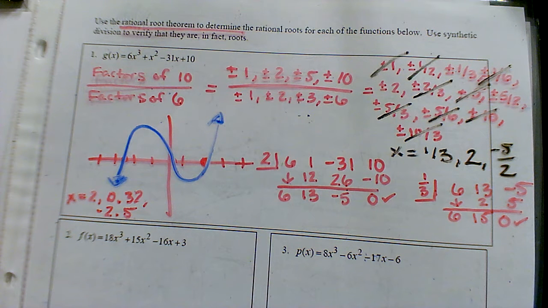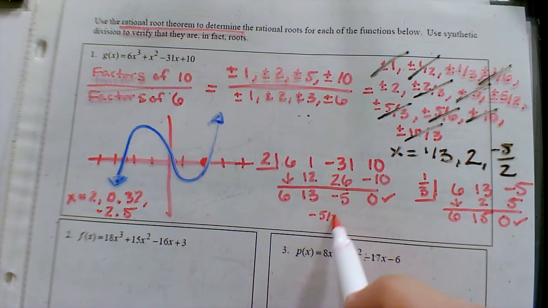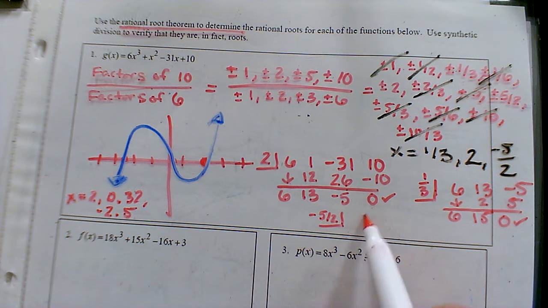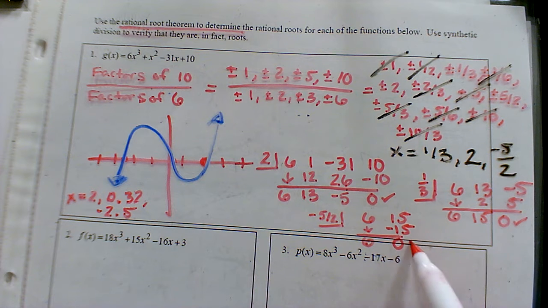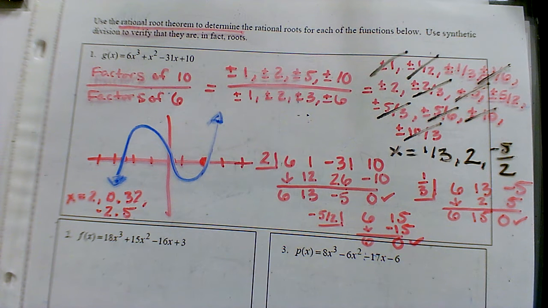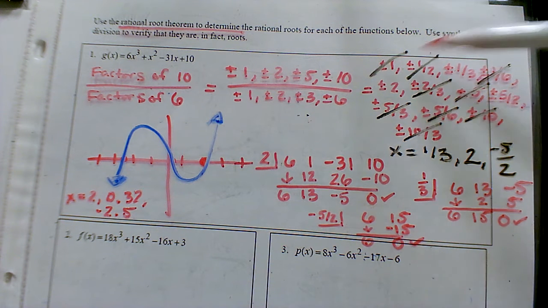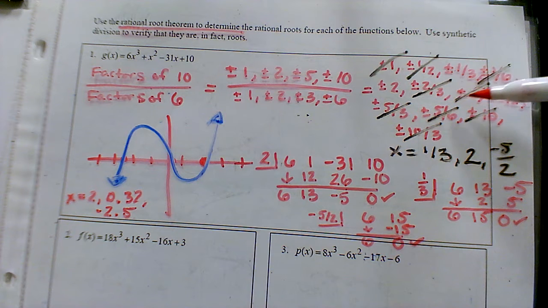We get 0 there as well for our remainder. And our last one is the 5/2, or -5/2. Kind of running out of room. But we get 0 there as well. Alright, so based off the rational root theorem, we listed all of those different possibilities.